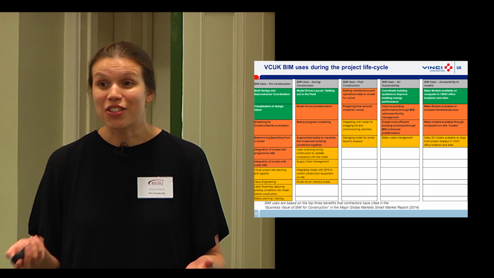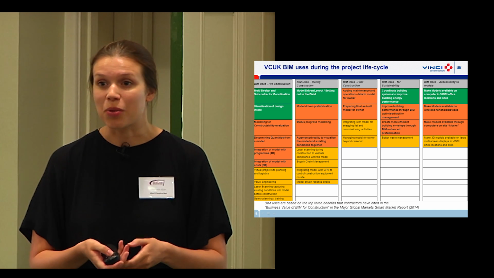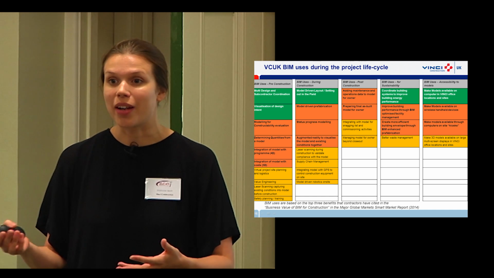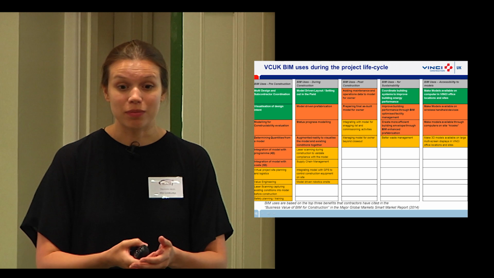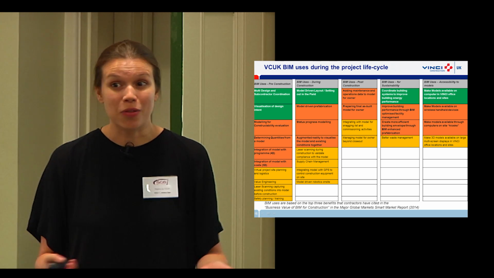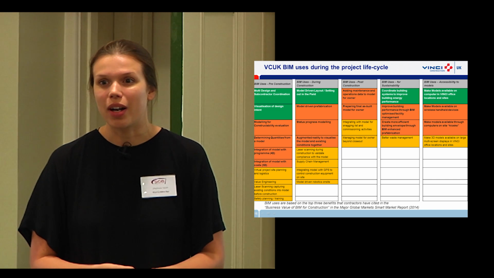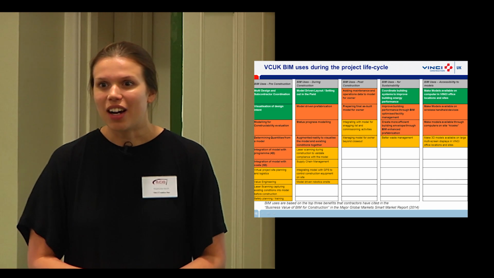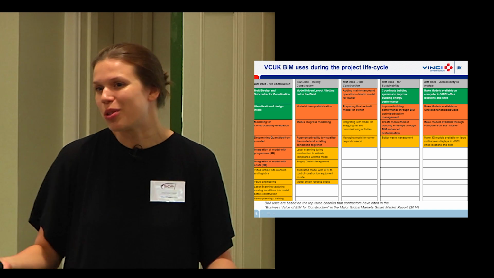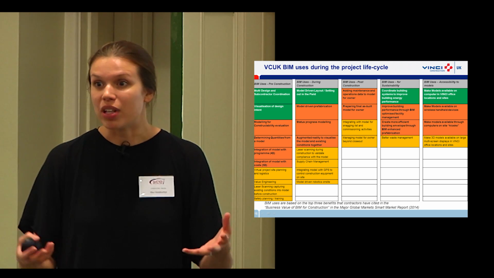You also have visualization. A big thing is being able to use 3D models for stakeholder management, explaining to your clients what your design looks like and what you're going to be building. A lot of clients can't read drawings, and a lot of engineers forget that. Being able to illustrate what this looks like to people who wouldn't be able to see it in 2D is really beneficial.